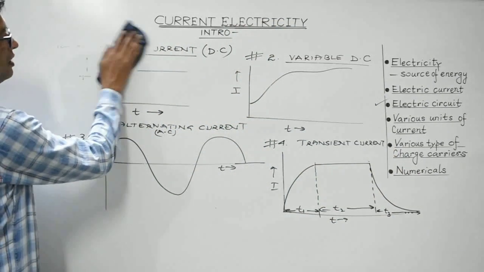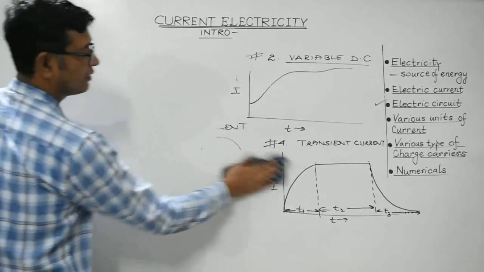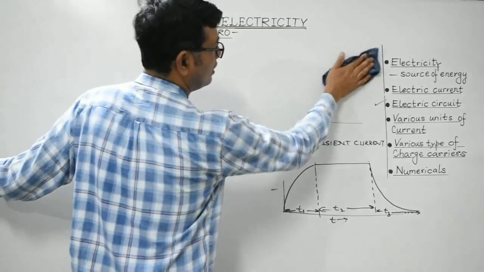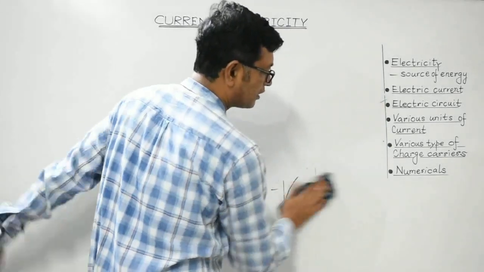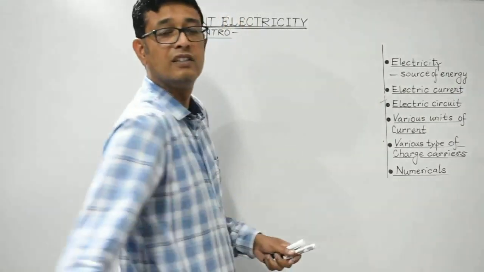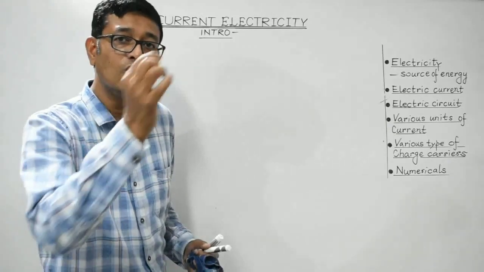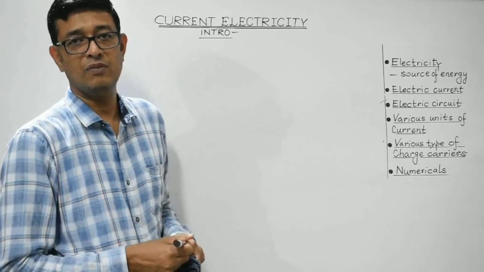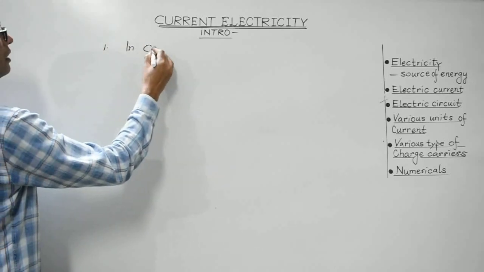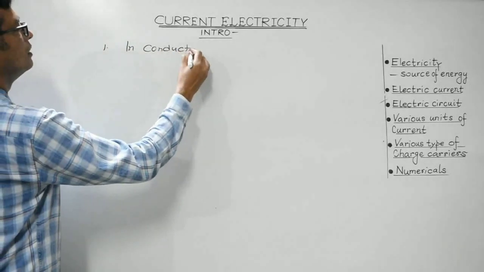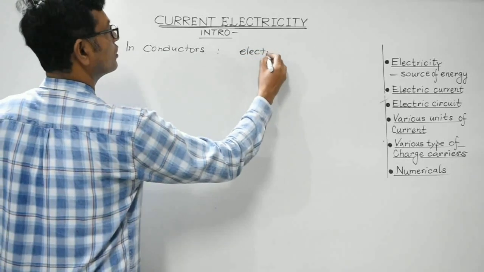Now look students, there are solids, there are liquids, there are gases. In solids, as I have stated, the charge carriers are the free electrons. And free electrons, students, as I have told you, are the valence electrons which are present in the outermost shell of an atom. So in conductors, the charge carriers are the electrons.